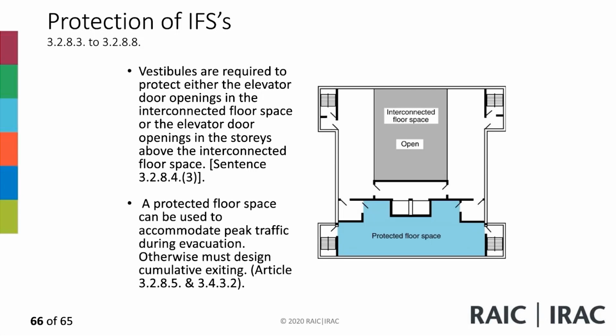And this is for evacuation. We need to take a look at 3.2.8.5 and 3.4.3.2. 3.2.8.5 says a protected floor space used to satisfy the requirement in 3.4.3.2.6(b) shall be separated from the interconnected floor space by a fire separation having a fire resistance rating not less than that required of the floor assembly in which it's located, have all openings in the vertical fire separation between the protected floor space and adjacent interconnected floor space protected by vestibules, and shall be designed so that it's not necessary to enter the interconnected floor space to reach the exit.